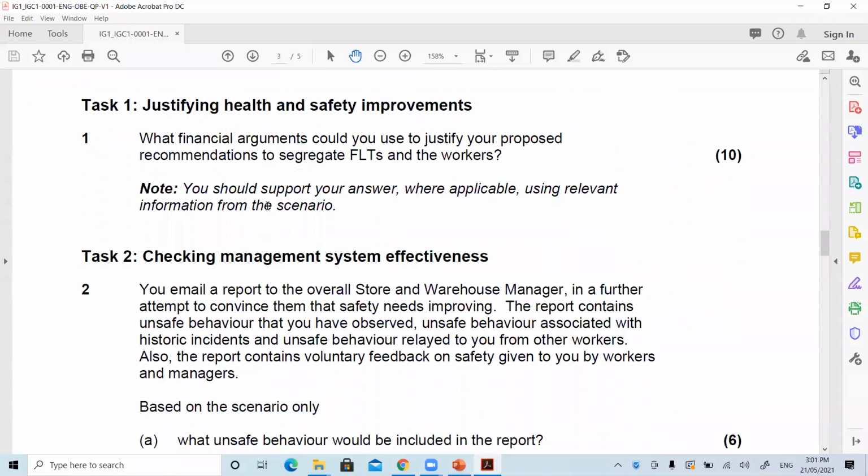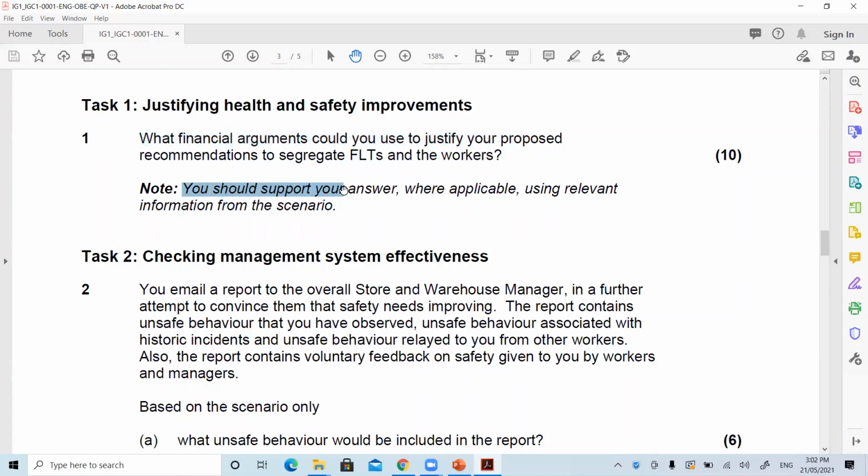Now, here are the questions that we need to answer. Task number one is justifying the health and safety improvements. Here you need to read the question, read the note, and then answer on the answer sheet. The question is, what financial arrangements can you use to justify the proposed recommendations to segregate the forklift trucks and the workers?